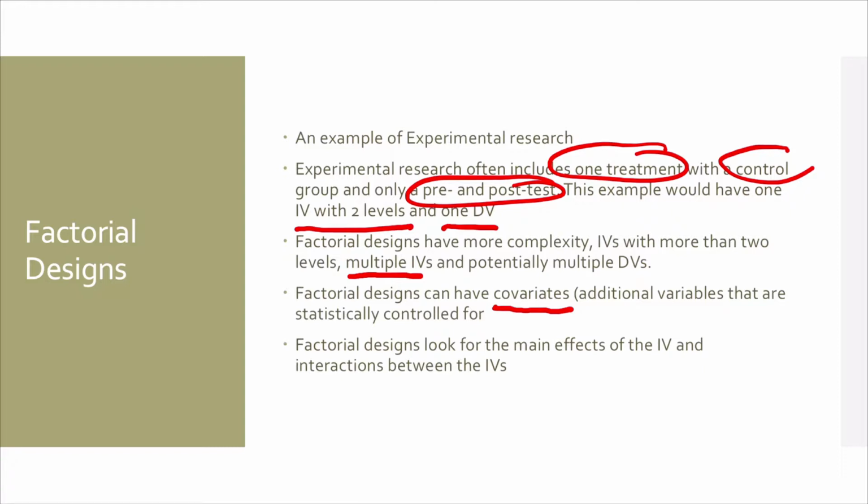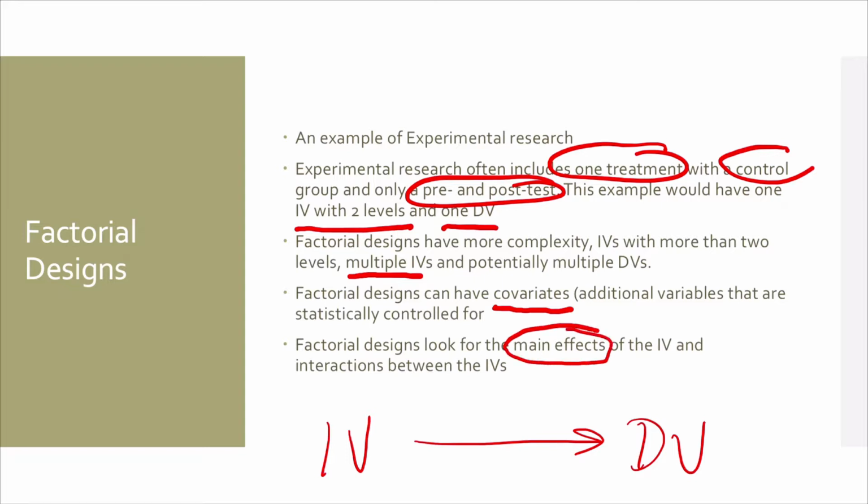So factorial designs are going to look for relationships between an independent variable and a dependent variable, just like we learned about in experimental research. But they're going to look at this in a more complex way. They're going to look for the main effects of the independent variable on the dependent variable. But they're also going to look for interactive effects between the independent variables and how they affect the dependent variable.